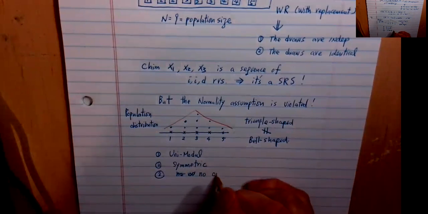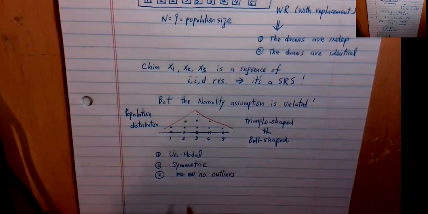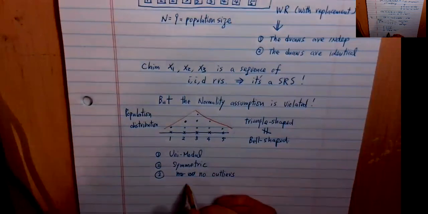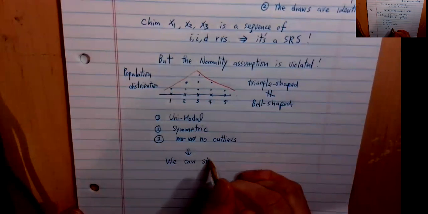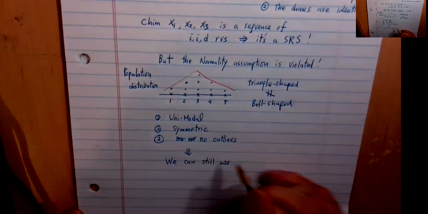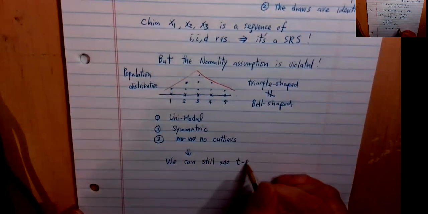No outliers. So even though this is not bell shaped, this shape has all the important features that a normal distribution has. So we can still use the t procedure.